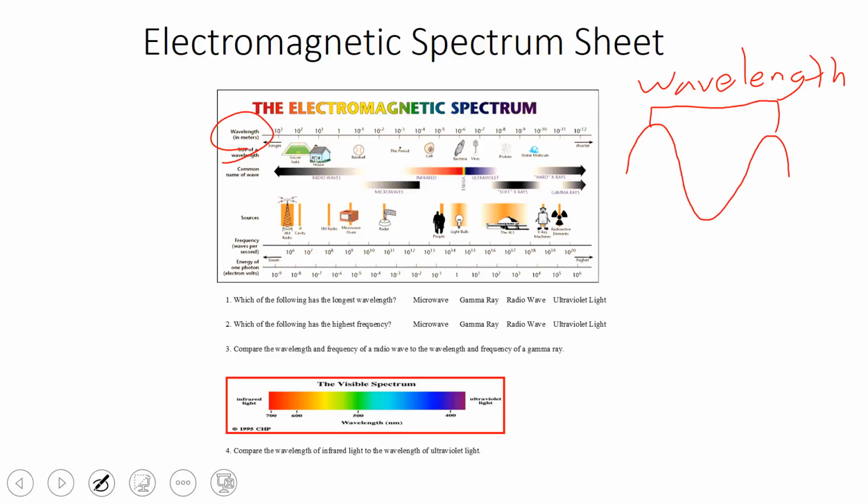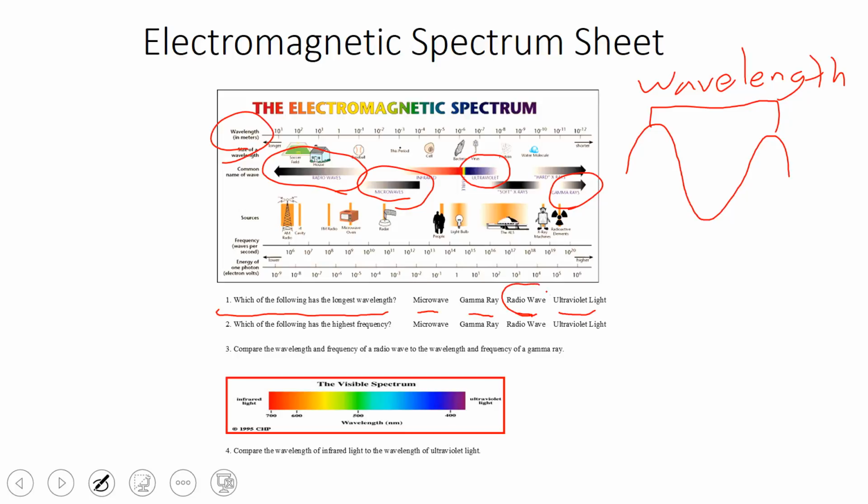So this question here is a good one. Which of the following has the longest wavelength? Microwaves, gamma rays, radio waves, or ultraviolet light? Notice we have some of these examples. Here are gamma rays. Here are microwaves. Here are radio waves. And here's ultraviolet light. Remember, as you move left on here, our wavelength is increasing.